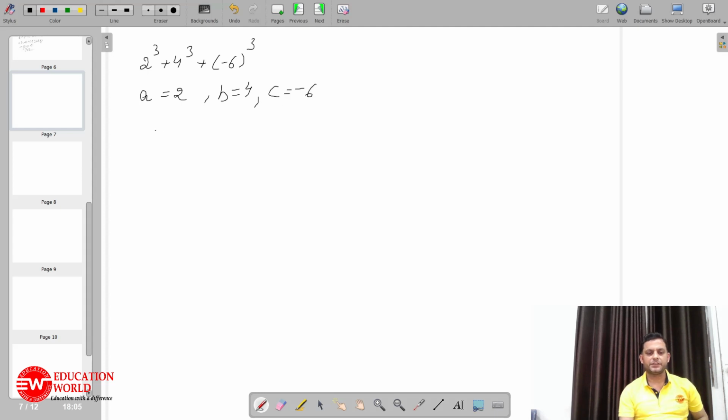So I will check the condition first. What is the condition? A plus B plus C must be 0. So A value is 2, B value is 4, C value is minus 6. Now you can see 0. So the condition is satisfied. Now I can directly cube this one.